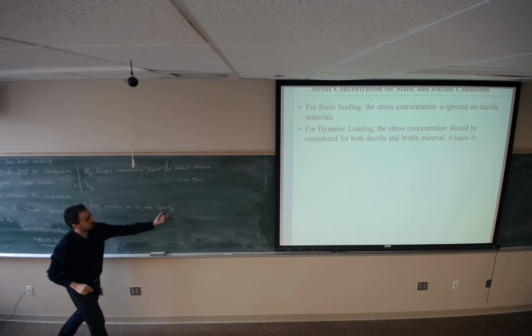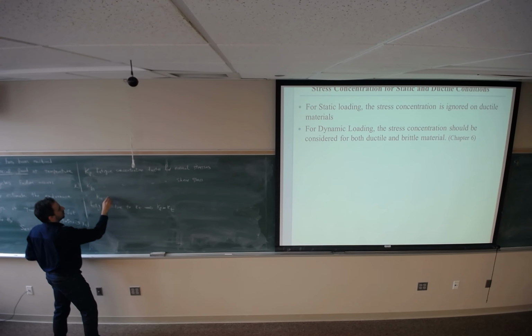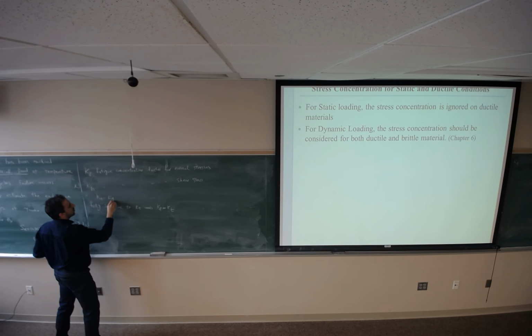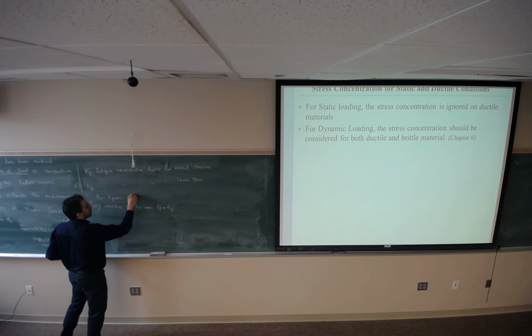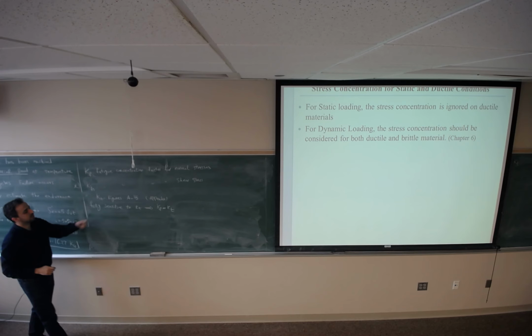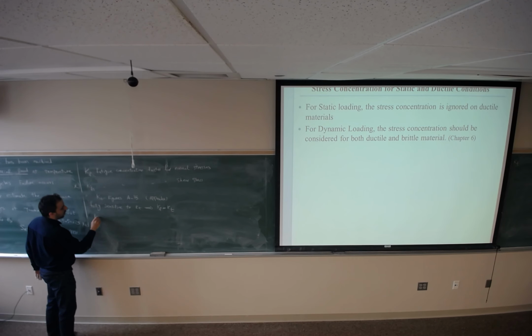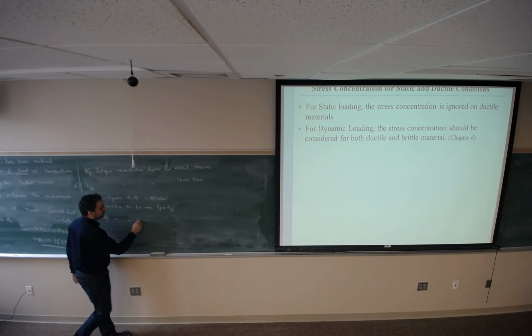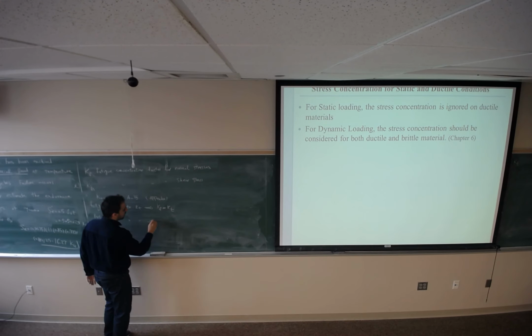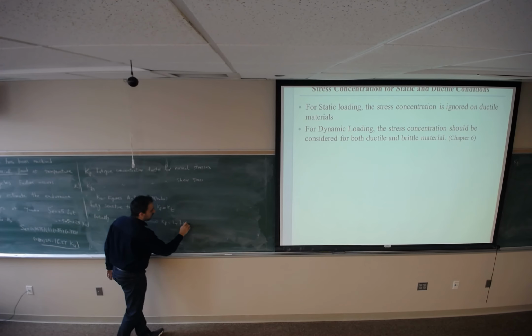Whatever value you got for KT from the figure in the appendix, you can use as KF. But some other materials are partially sensitive to KT. For those materials, KF would be 1 plus Q times KT minus 1.